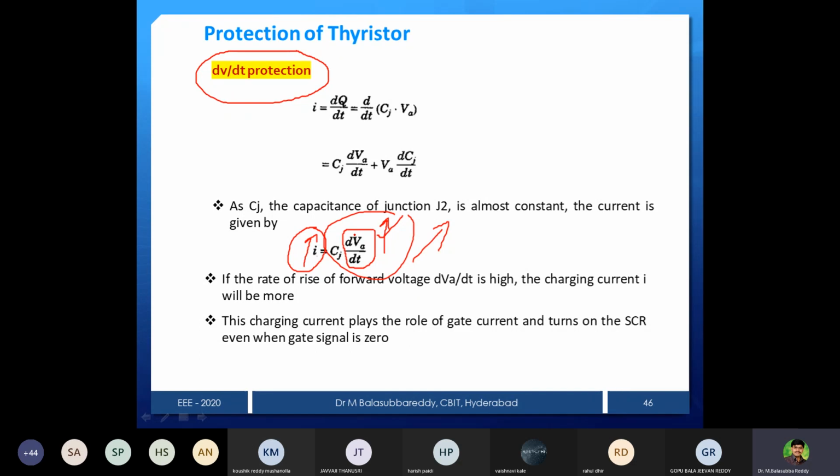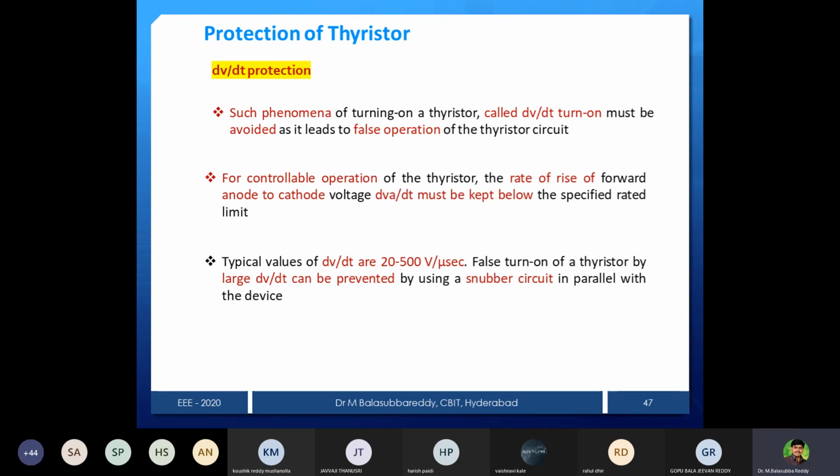That is the reason we need to provide dV by dt protection. Such a phenomenon of turning on the thyristor is called the dV by dt turn on method.